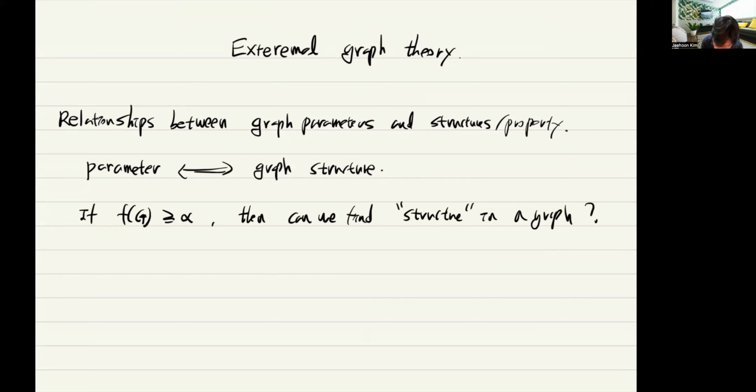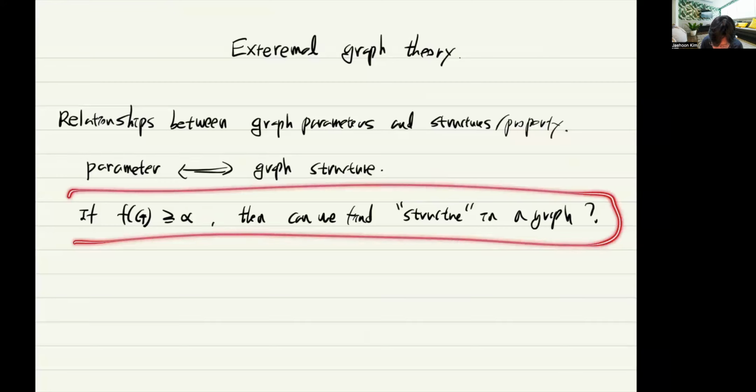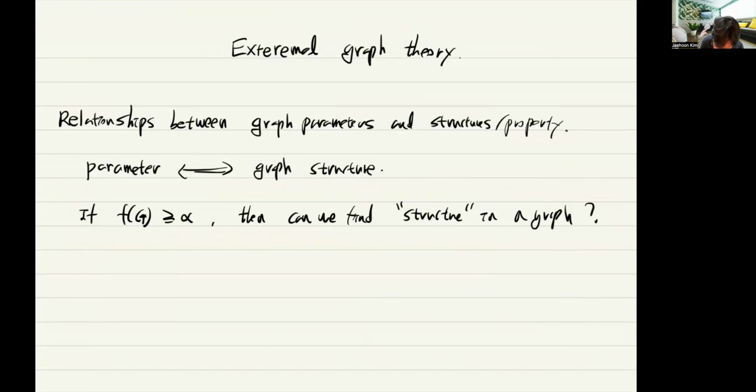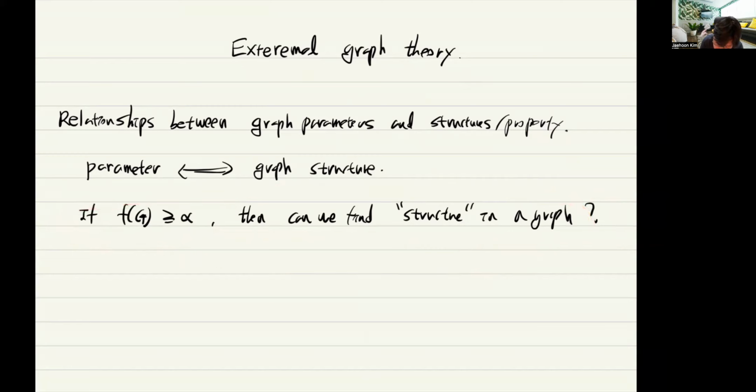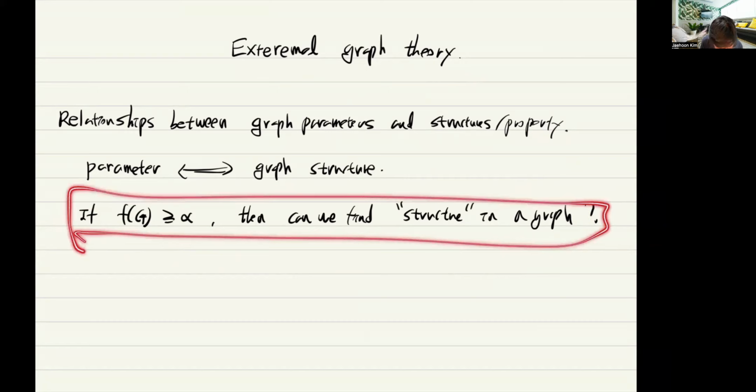In other words, if you take the contrapositive, if you don't have this structure, then this parameter is at most something. So that's quite a common theme in extremal graph theory, and most of the things that we will learn this time are also regarding this.